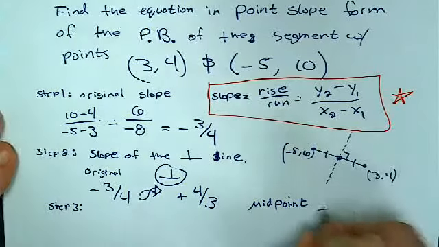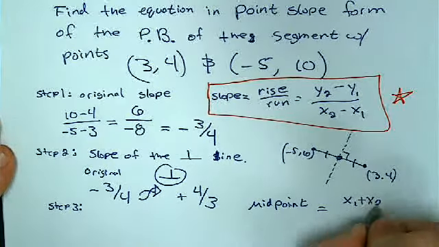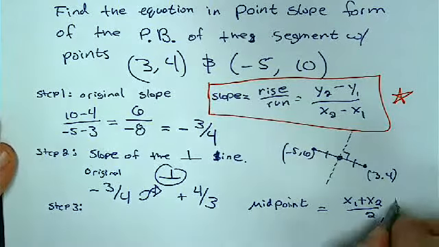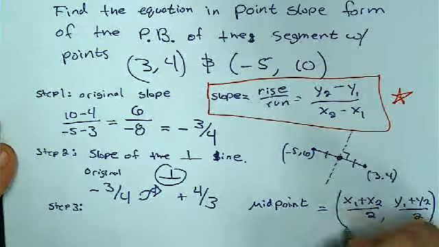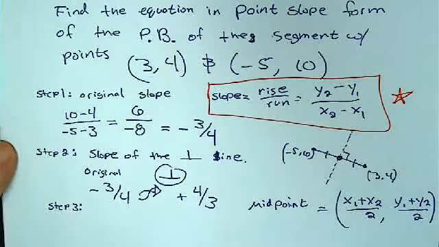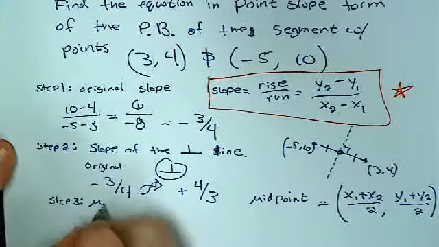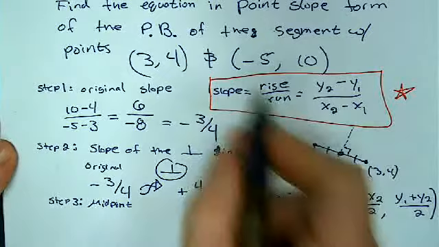Yeah, we did. It might have been a little while. And that's the average of the x's, add them, divide by 2. And then the average of the y's. So you add those, and you divide by 2. Step 3, find the midpoint. So let's plug these values in here.